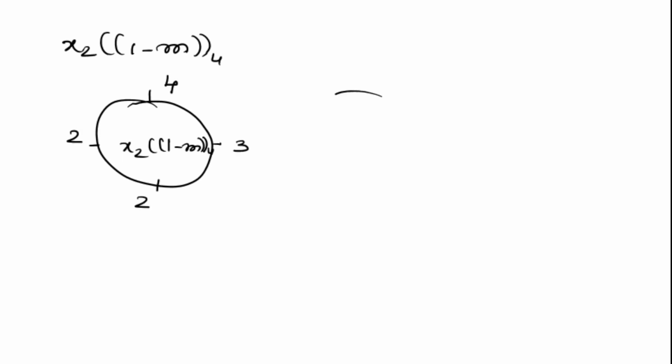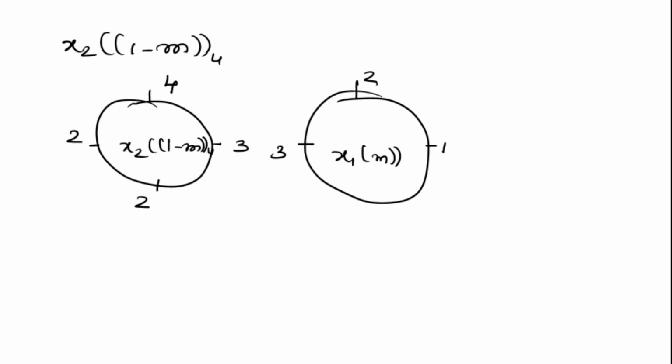That should be multiplied with x1 of m, that means 1, 2, 3, 1. Then x3 of 1 is equal to 3 plus 8 plus 6 plus 2, which is equal to 19.